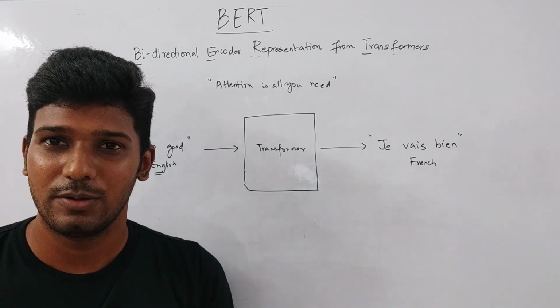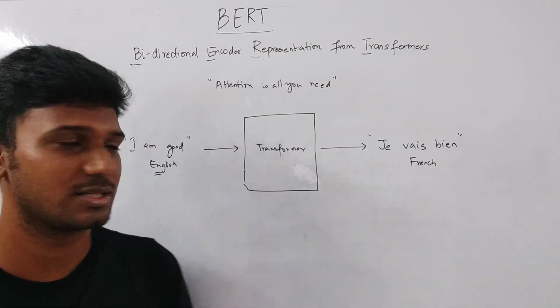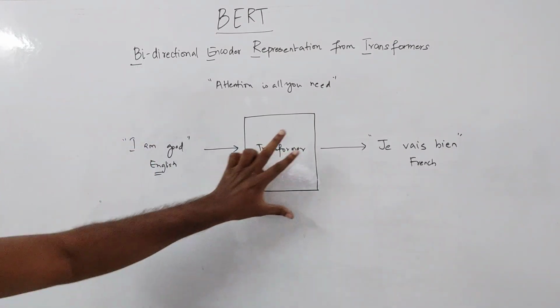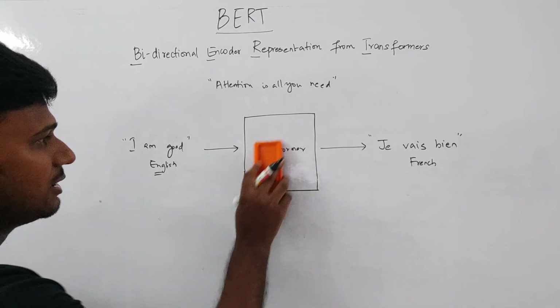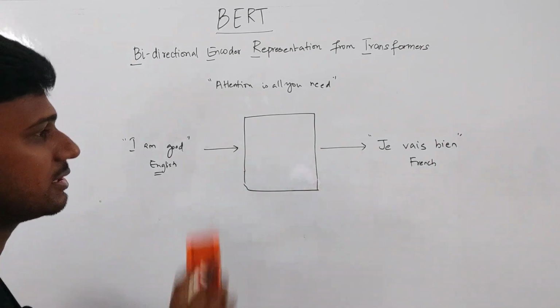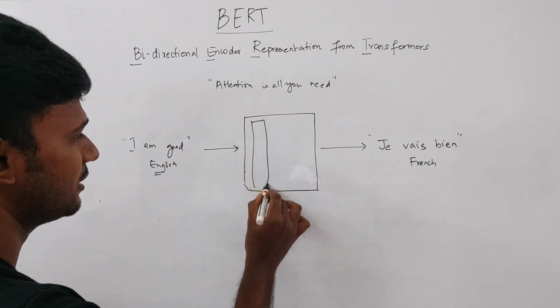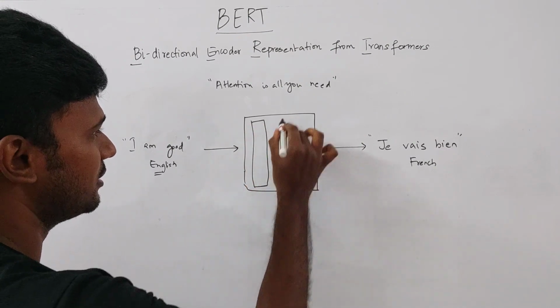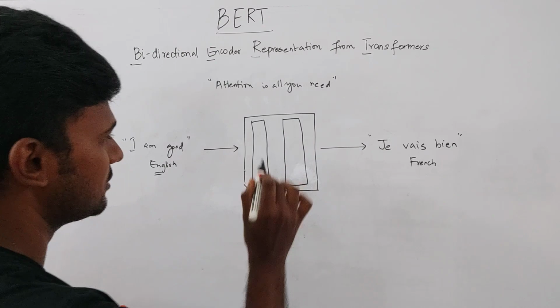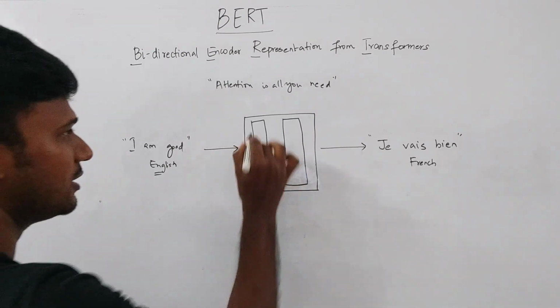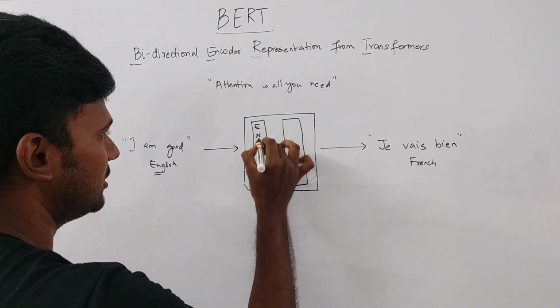But now we need to understand how this is possible with the transformers. If I now zoom into the transformers, we can see two components inside. The first component is called an encoder.